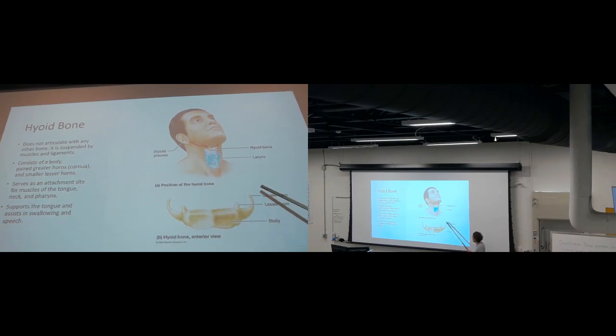So the horns face superiorly. And again, this is a tiny bone that is only held by ligaments, like this ligament called the thyrohyoid membrane, and some muscles. So its function is to support the tongue and assist in swallowing and speech. It can modify the voice.